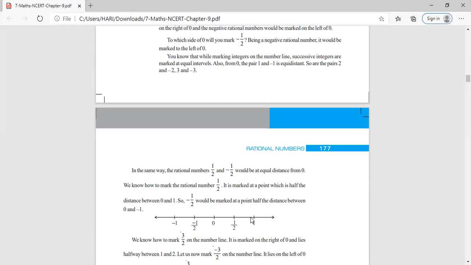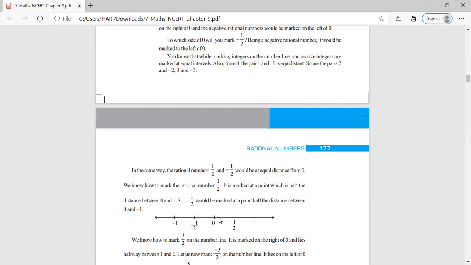That means the distance between 0 and 1 is the same as the distance between 0 and minus 1, or we can say both minus 1 and 1 are at equal distance from 0.